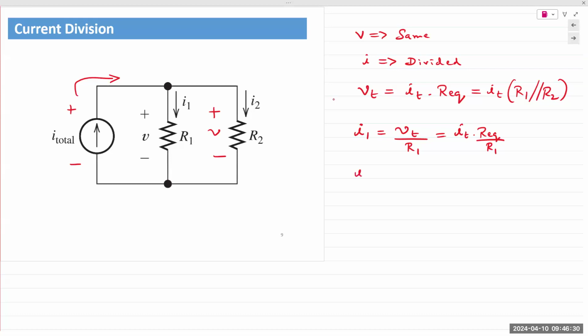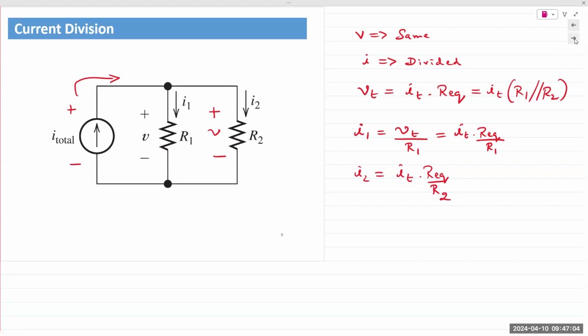And then I2, similarly, we found as Req over R2. Okay. Again, this is a shortcut derived from Ohm's law. So it's not a new analysis technique. It's simply a shortcut. It allows you to skip over one step. You good?